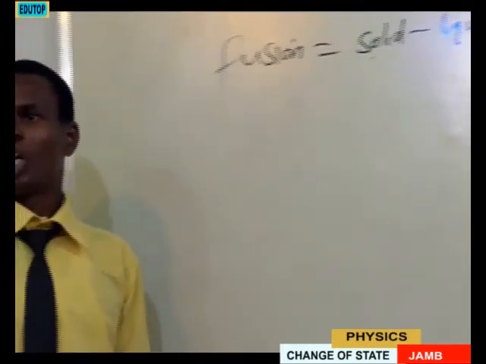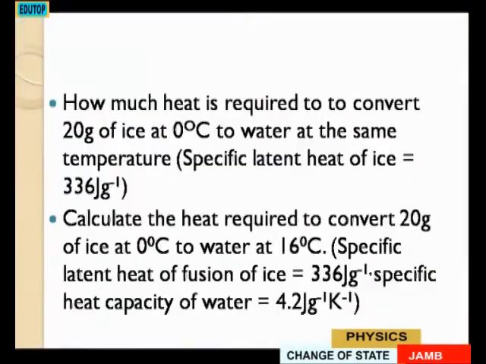And that's that. Question number 5. How much heat is required to convert 20 grams of ice at 0 degrees Celsius to water at the same temperature? We are given the specific latent heat of ice to be 336 joule per gram.